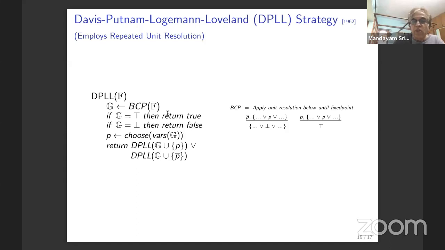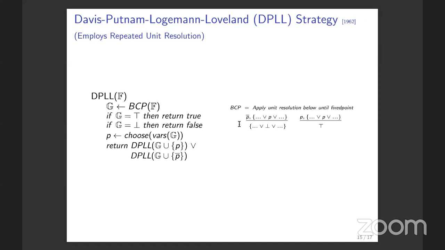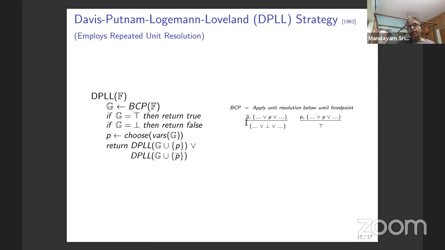So if in the original formula there is a unit clause which appears in negative polarity, then that variable has to be assigned a 0 in order for the formula to be true. So it assigns it a 0 and then simplifies all the rest of the clauses.